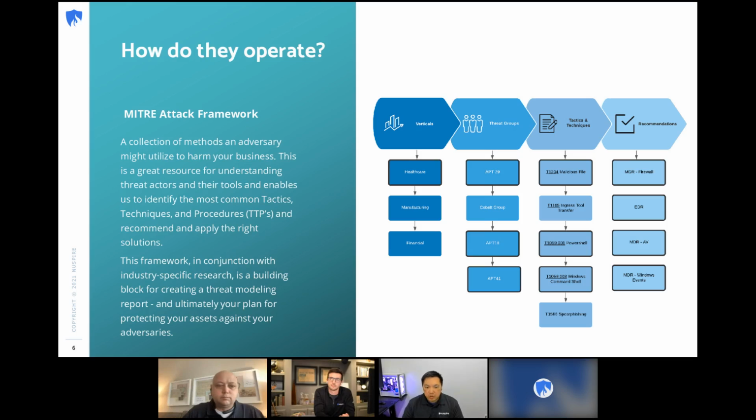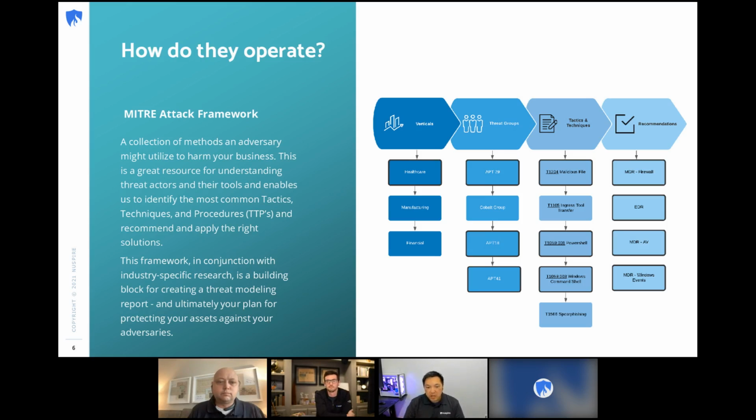They also started to catalog it by verticals, noting which threat groups use certain techniques in a certain industry vertical. As a practitioner, when we look at the MITRE ATT&CK framework holistically, especially during investigations, when we identify a certain threat group, or we don't know what the threat group is but we know the industry vertical our customer is in, we can get a head start on the investigation and respond faster.